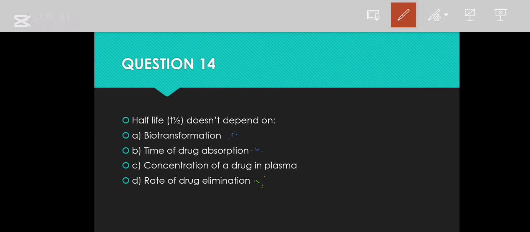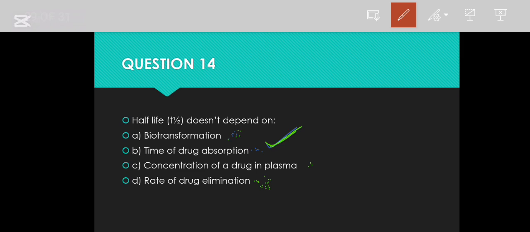So the answer we're going to remain with is time of drug absorption. Time of drug absorption does not affect the half-life. This one stands out to be the best answer. Other answers can be a little bit questionable and contribute little, but this one stands out as the answer where the half-life doesn't depend.